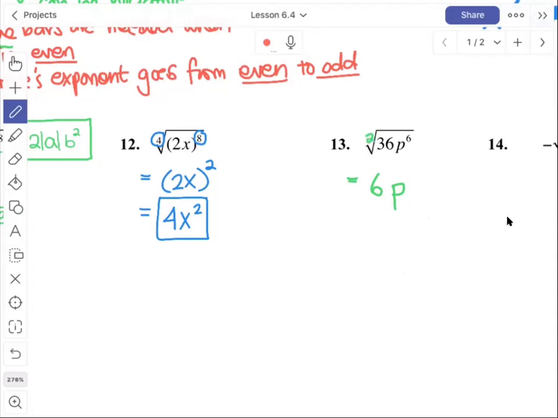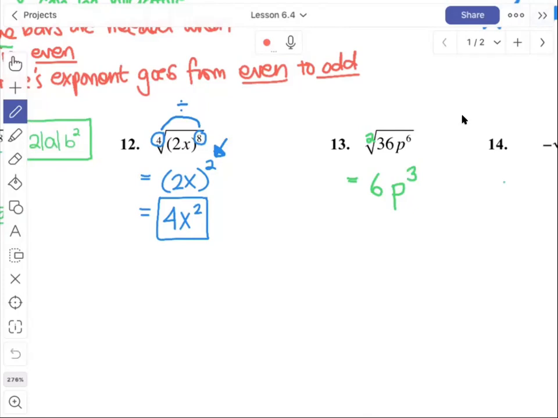Good. Okay. So just like look at number 12 right next to it. What you're going to do is you're going to divide. So 8 divided by 4, that's how I got this 2 right here. So divide your exponents. And what do you get? 3. Perfect.